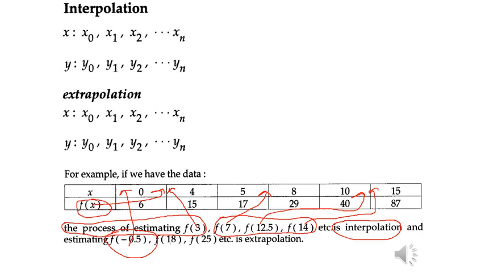And where is this 18? 18 is right to 15, that will be outside the range. Similarly, the value 25 is also outside the range. So all these values of x are outside the range. So finding the values of f of x for all such values of x which are outside the range is called extrapolation.